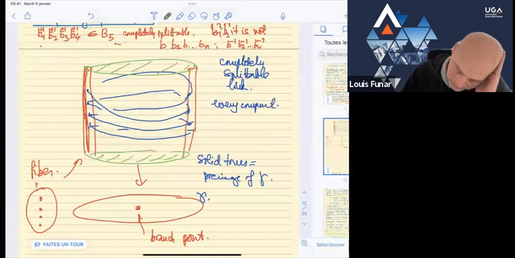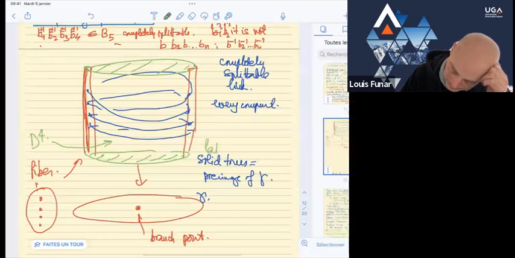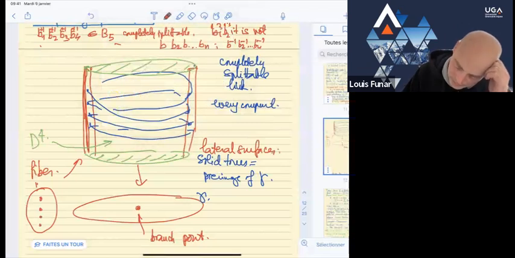Okay, so around here you want to find a D4. The lateral surface. This is the lateral surface. It's a solid torus, which is the preimage of gamma.